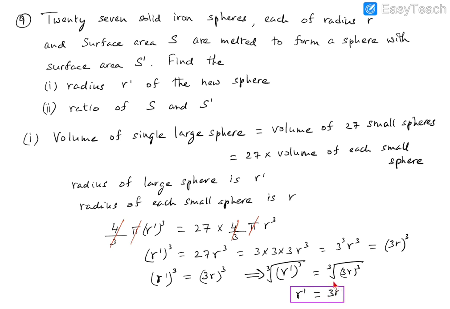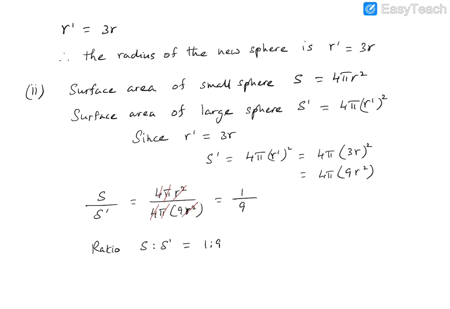Okay, so the new sphere has a radius which is 3 times the radius of the smaller spheres, and then we use that information in calculating the surface areas of the two spheres by applying the appropriate value of the radius in the surface area formula, and then we take the ratio of those two surface areas and we get that ratio as 1:9.